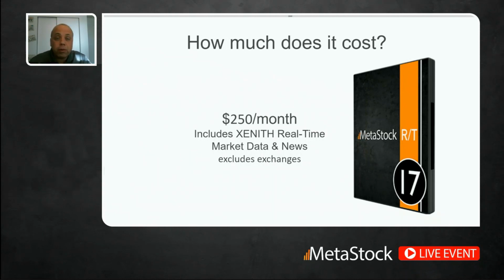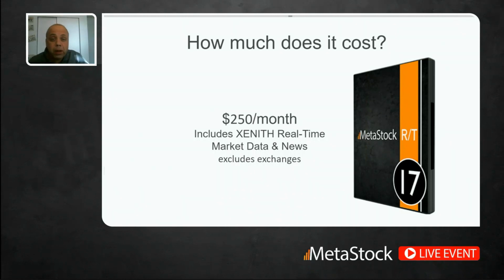We have two versions. We have the real-time version, which you see on your screen. MetaStock RT stands for real-time. With that, you can look at real-time, delayed charts, hourly charts, daily charts, anything you want. It's $250 per month. With that, you're going to get MetaStock, which I showed you today. You're also going to get an incredible news product that was put together by Refinitiv.